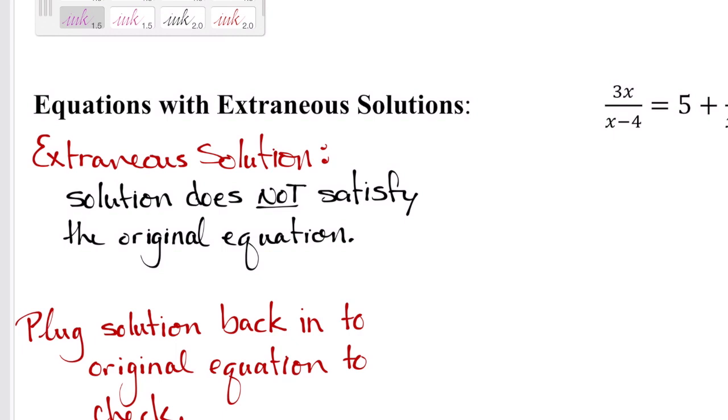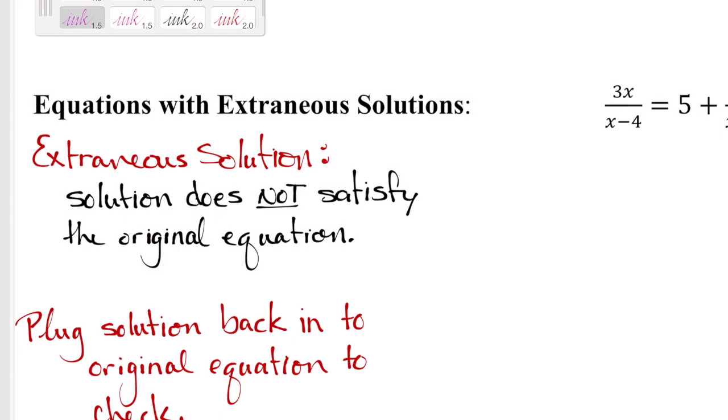All right, so when we are solving some of these and we have variables in the denominator, we do have to be careful of extraneous solutions. So this is a solution that does not satisfy the original equation. If we were to plug it back in, the left side isn't going to be equal to the right side. It just doesn't work out.